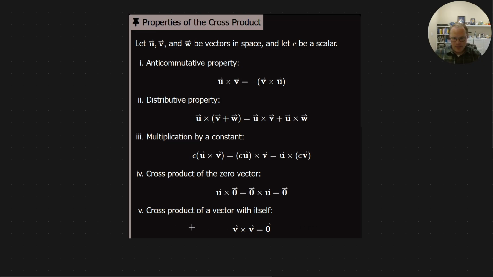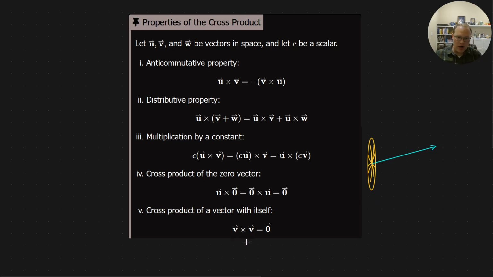Okay. This last one is maybe just a little bit surprising, though if you think about it, it's not that crazy. If you take the cross product of a vector with itself, you get 0. Remember that the idea of the cross product is you want a vector orthogonal to both vectors. Well, if you take the cross product with itself, then you only have one vector, and there are lots of vectors that would be orthogonal to that one vector.